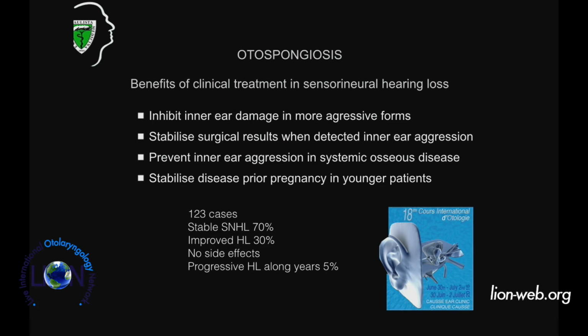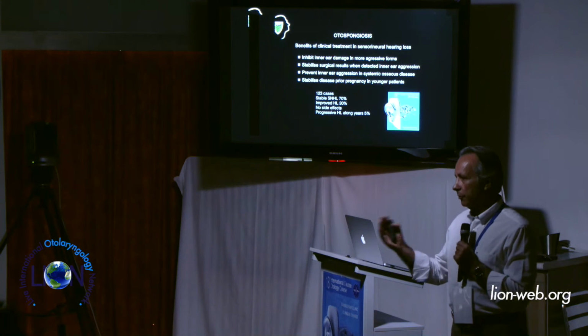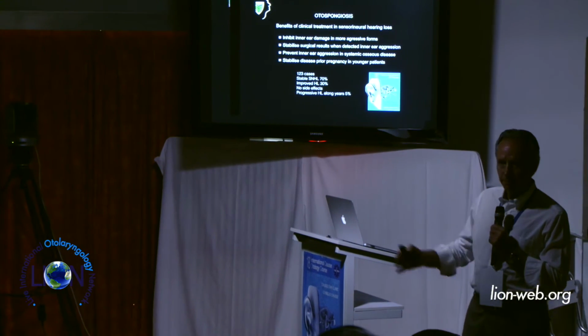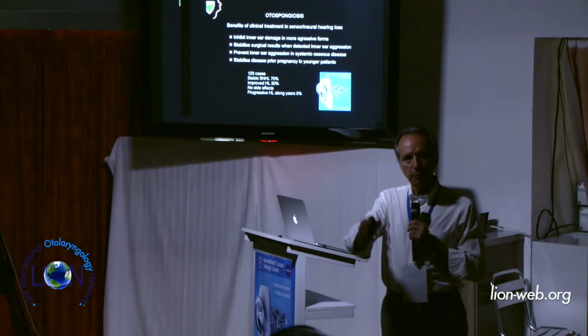We have stable hearing in 70 cases, and improved hearing, even in sensory hearing loss, in 30% of cases. No side effects so far. And we have some progressive hearing loss over the years, maybe involving reactivation of the disease or maybe other factors such as presbycusis or any other clinical disease that can compromise hearing.